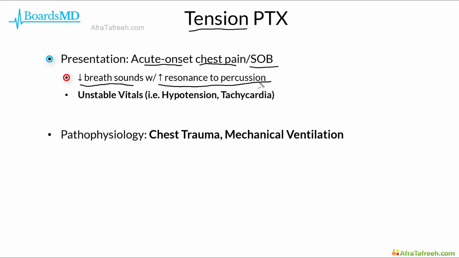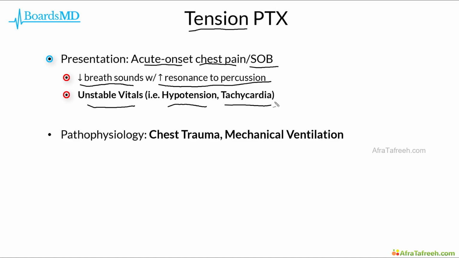However, in the case of the tension pneumothorax, especially with tracheal deviation and compression of the cardiopulmonary structures, these patients can often go on to develop unstable vital signs, including hypotension and tachycardia. And therefore, these patients typically will be more sick on presentation relative to our patients with spontaneous pneumothorax, whose primary concern is their pain and shortness of breath.